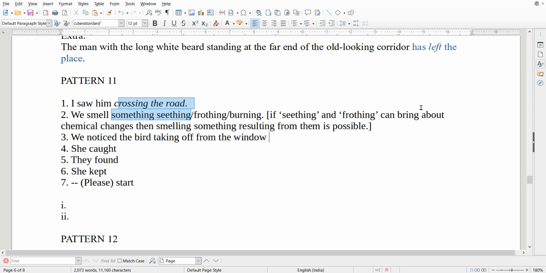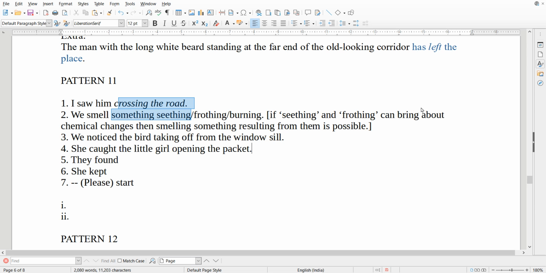So we noticed the bird taking off from the windowsill, or flying away from the windowsill. She caught the little girl opening the packet.